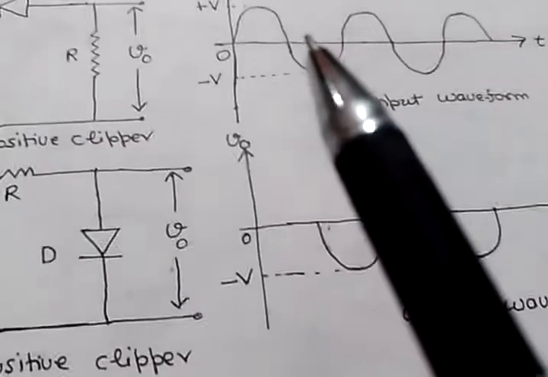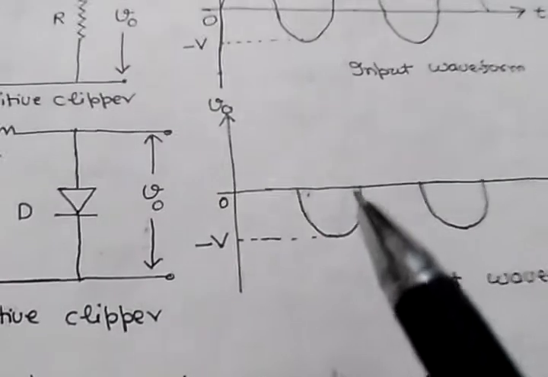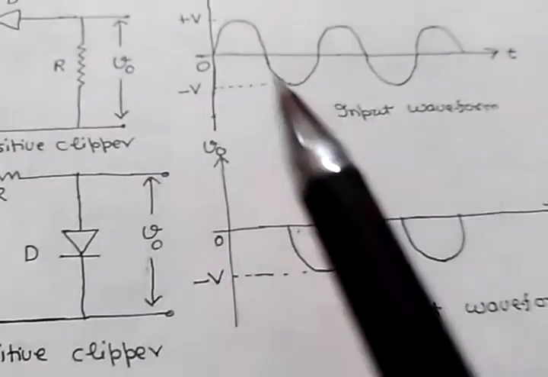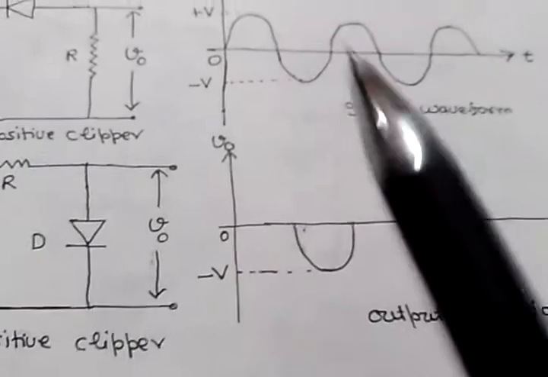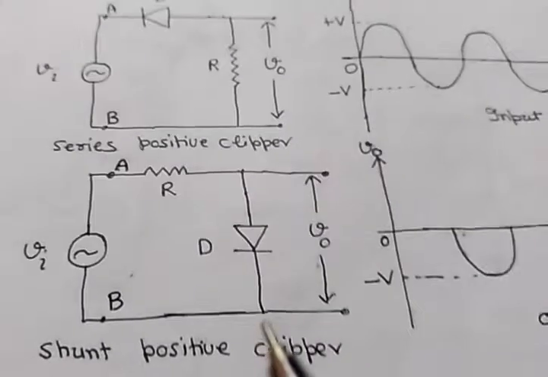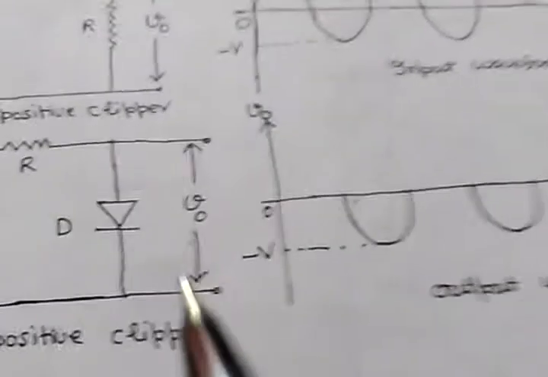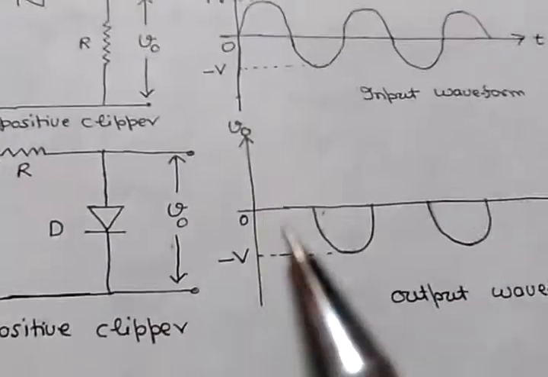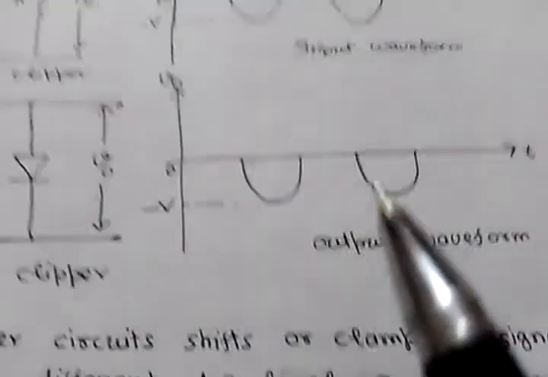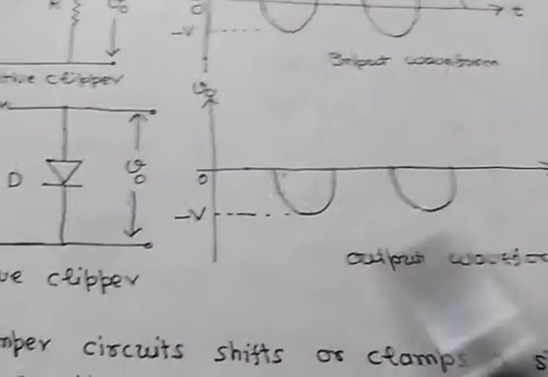So at the output we will get the negative half cycle as it is in the input signal. So in this way, this circuit will remove completely the positive half cycle, and at the output we will get only the negative half cycle. This is the working of the series positive clipper.